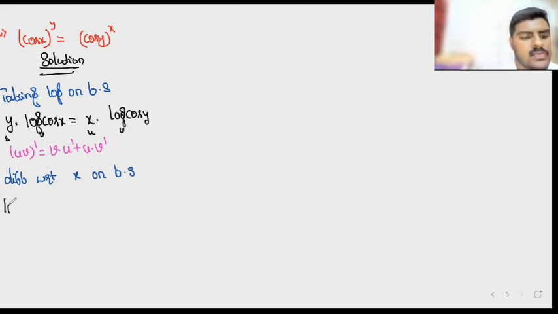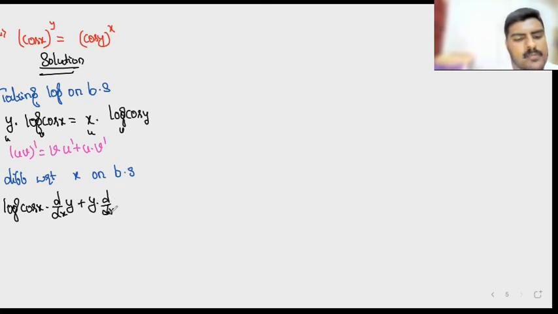So we have log of cos x into d by dx of y, plus y into d by dx of log cos x. Did you understand?